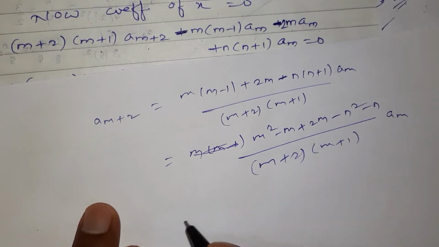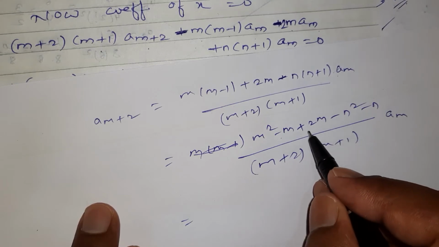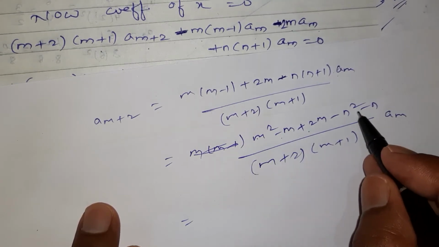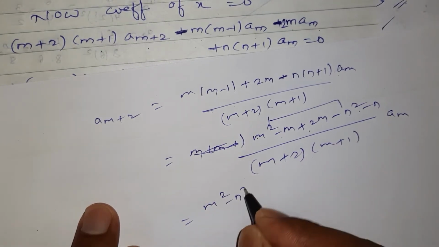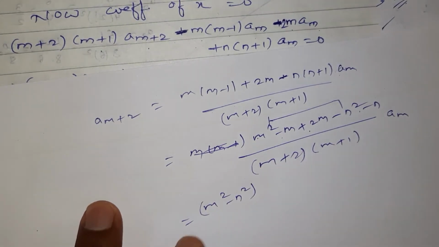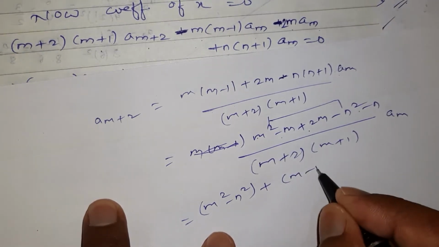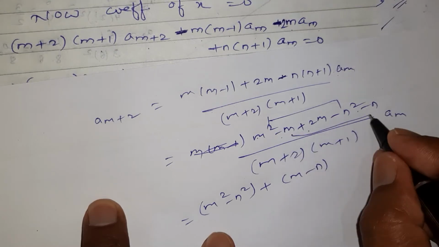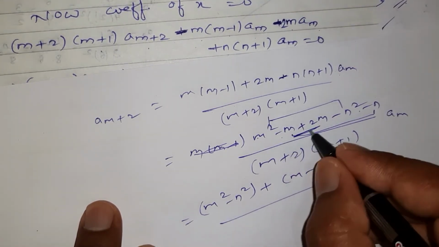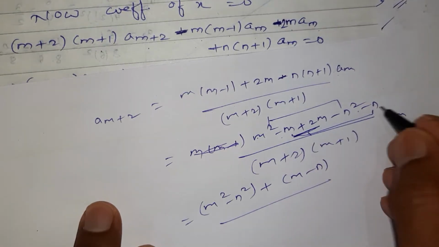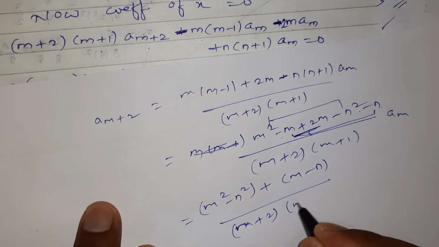Now here m square minus m and 2m, it becomes plus m. Now m square and minus n square we can take in one bracket. So m square minus n square in one bracket, plus the remaining terms m minus n, from which I get m and here minus n, upon m plus 2 into m plus 1.